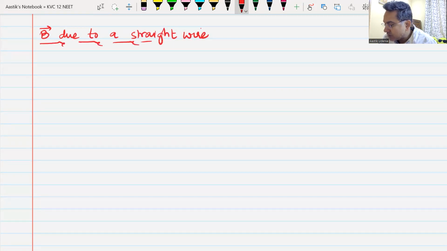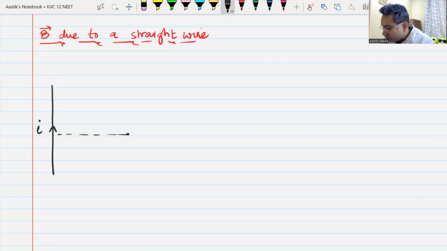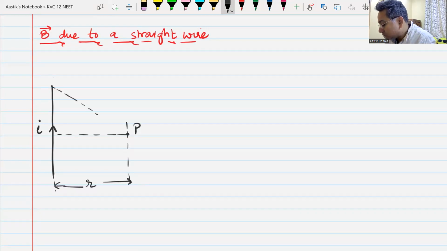Magnetic field due to a straight wire, and what we have to do is a simple formula. This is a straight wire carrying a current I. You have to find the field at point P. The distance of this point is given as R, and these two angles are given.